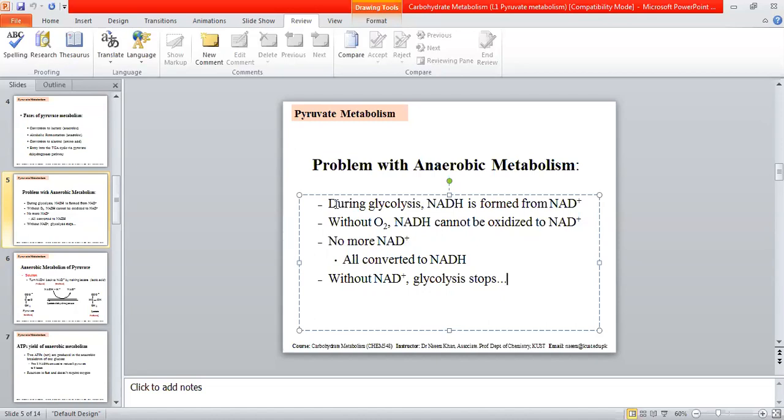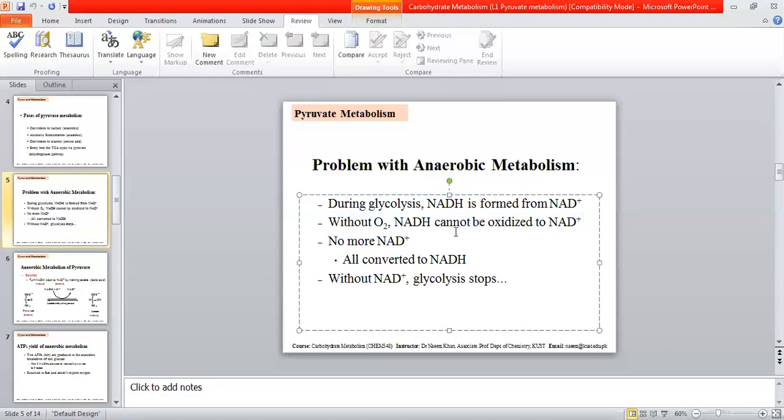What problem? Look, in glycolysis, the reduced NAD coenzymes, NADH, are produced from the oxidized one. Under normal conditions, this NADH is oxidized in the electron transport chain, and oxygen is consumed, and in this way hydrogen passes from the NADH and water is synthesized. But under anaerobic conditions, if oxygen is not available, NADH cannot be oxidized to NAD.